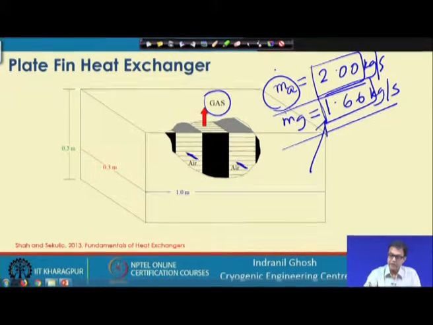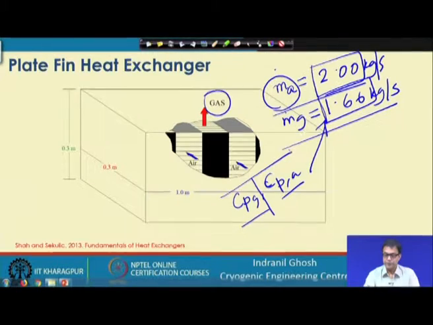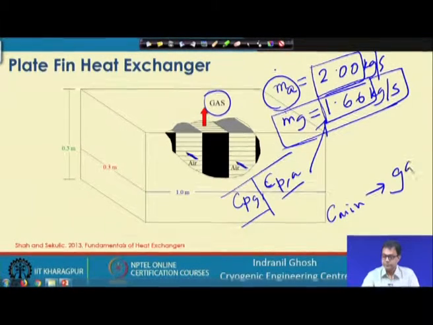If we assume that the Cp of the gas and the Cp of air are not very different and not really dependent on the temperature, then we can say that the gas side is the minimum capacity fluid, so C min corresponds to the gas.